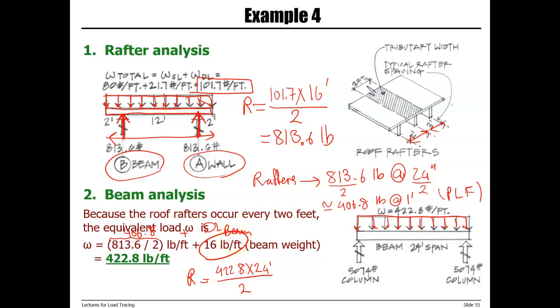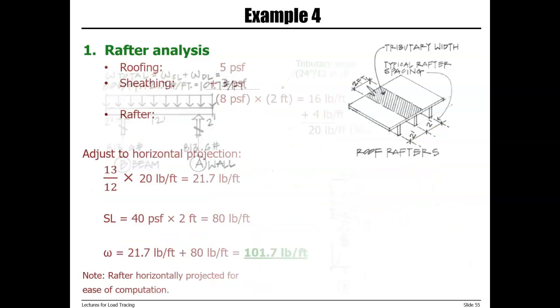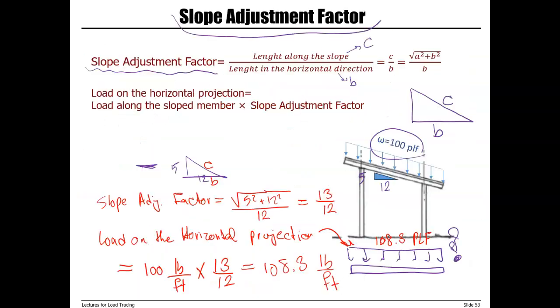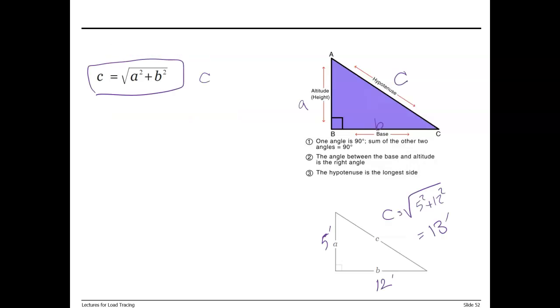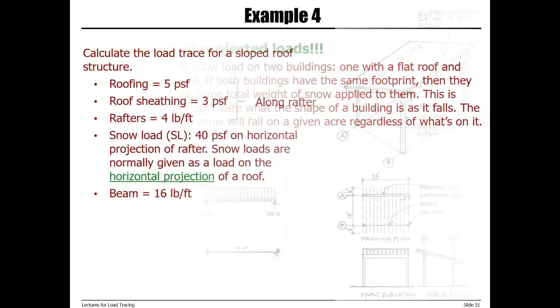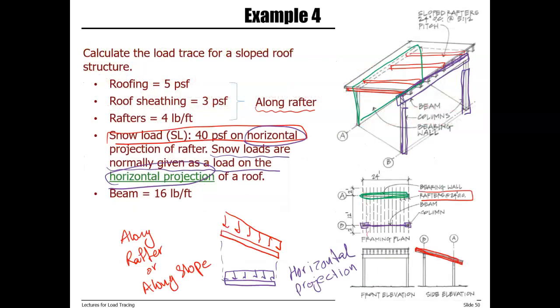We will have 422.8 PLF. That's a symmetric system. Reactions are equal to each other. So we can say reactions are load times 24. And 24 is also, we had it in the previous slide. This is 24.